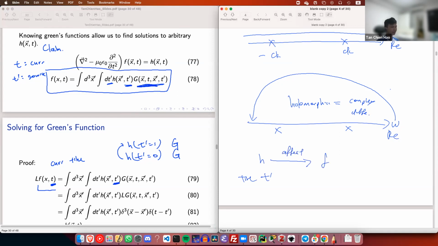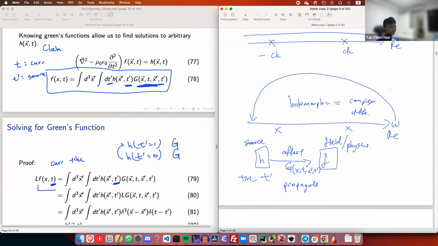How it affects f is weighted by this g, and g takes in 4 parameters. g is basically a way to propagate information, going back to the name, from my source to the function f, which is the electric field. Remember that h is our source and f is our field, the physical quantity, the physics basically.